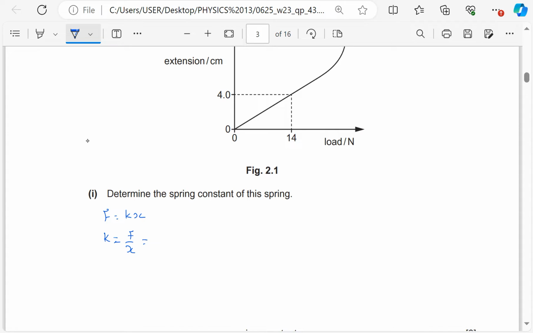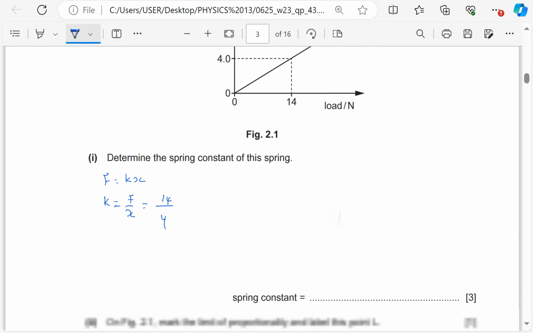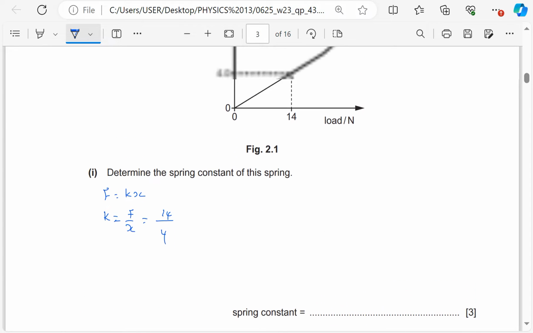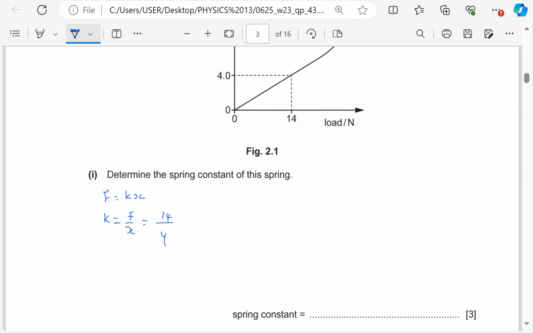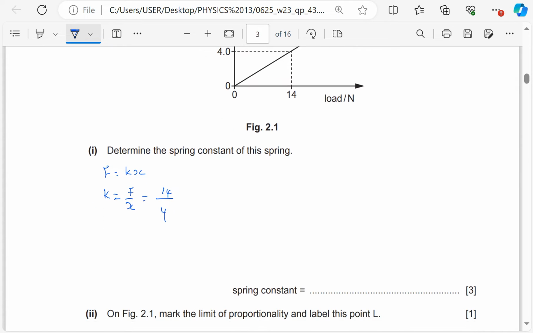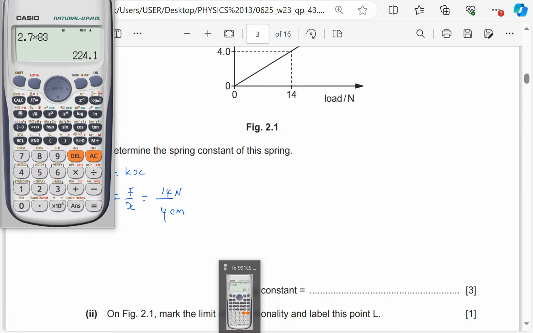So the force is 14 divided by x, which is 4. We don't have units, so we can have our answer either in newtons per centimeters or in newtons per meters. Because 14 is in newtons and x is in centimeters, my answer would be in newtons per centimeters. So it's 14 divided by 4.